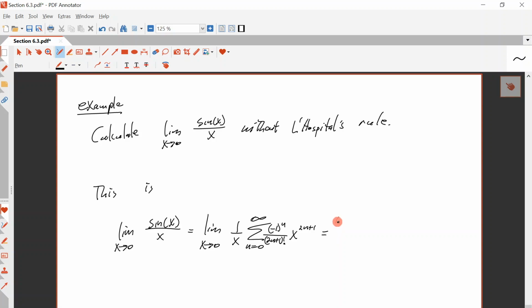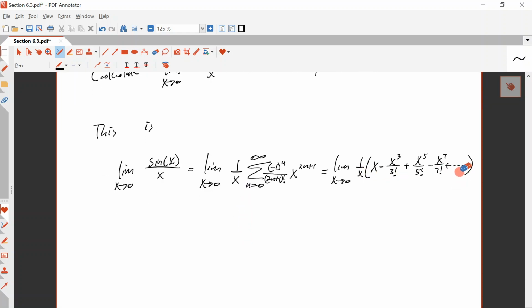Let's write out a few terms of that. So it's 1 over x times x minus x to the third over 3 factorial plus x to the fifth over 5 factorial minus x to the seventh over 7 factorial, and so on and so forth.